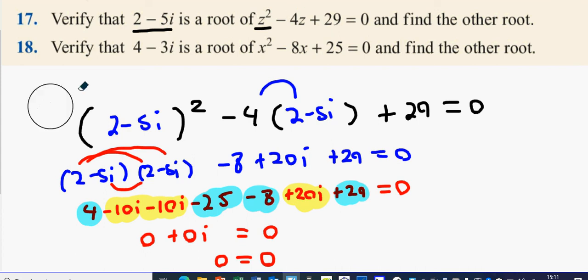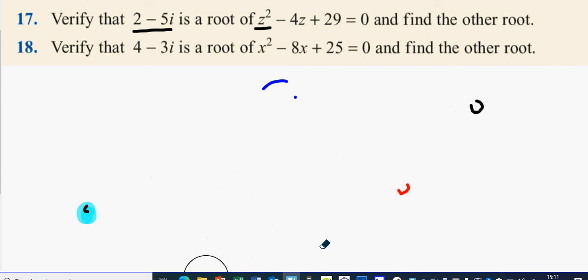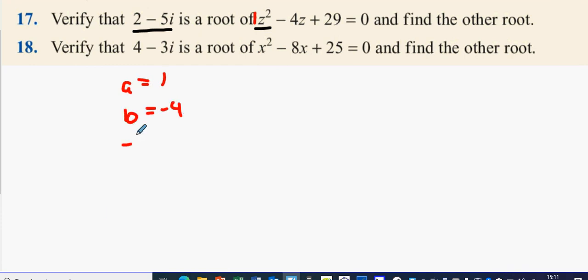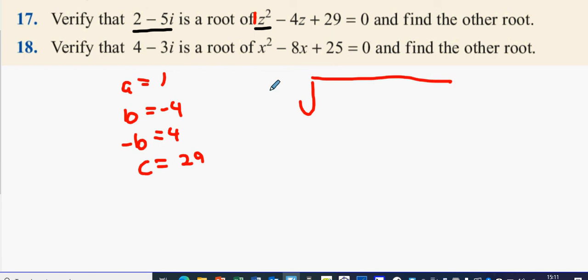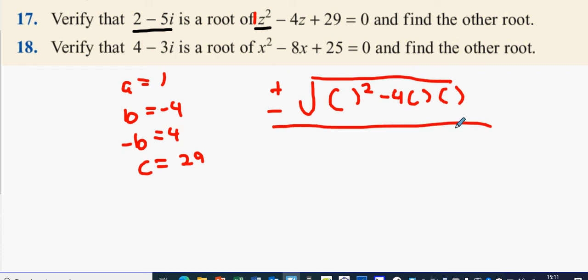Okay. Now the other root, you're going to have to do the minus b formula. So what's the a value this time, lads? A value is 1. B value is minus 4. Minus b value is 4. C equals 29. And then minus b plus or minus the square root of b squared minus 4ac all over 2a.